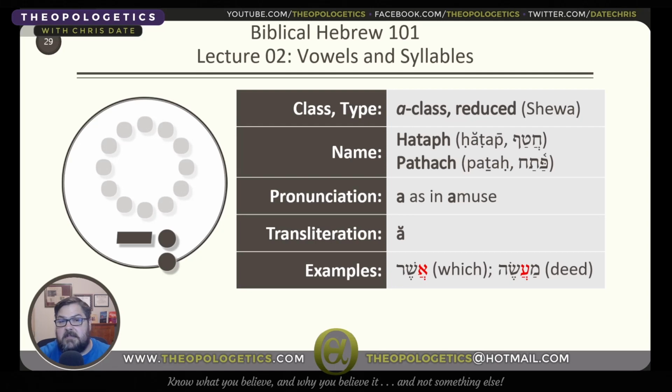Remember, the ayin makes a glottal stop. And if that were an ordinary patach, it would be ma'aseh, but because it's a chataf or hurried patach, it's ma'aseh. See how fast? Hurried, I'm pronouncing that ah sound, and that word means deed. Okay, so this is the chataf patach, the composite shewa in the A class.